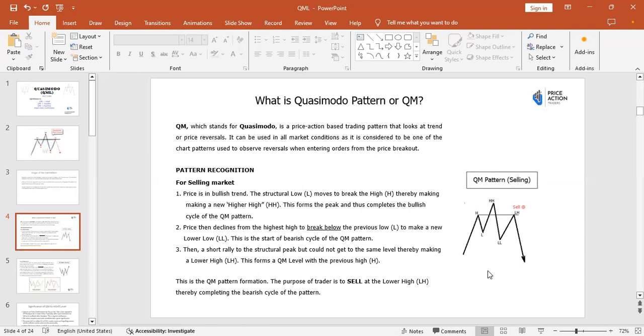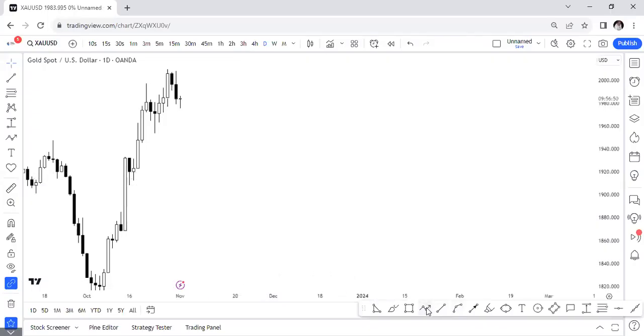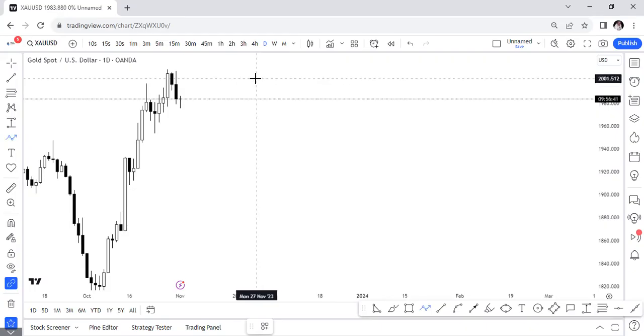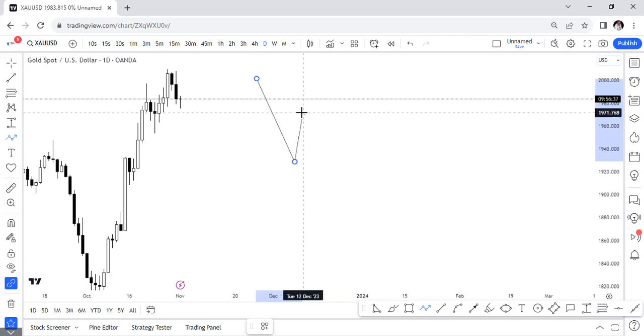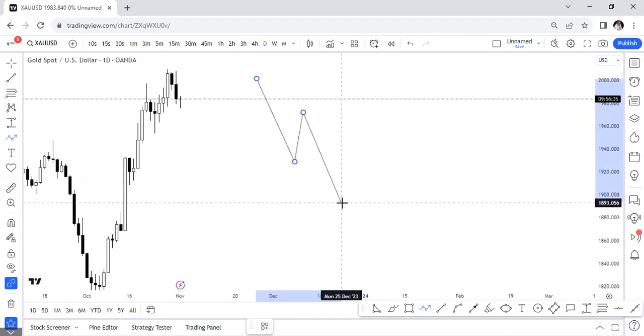So you see a price. Let's go to TradingView. For a buying market, we want to see the market coming in a downtrend, lower low, lower high, lower low.